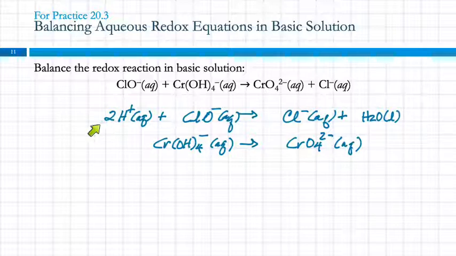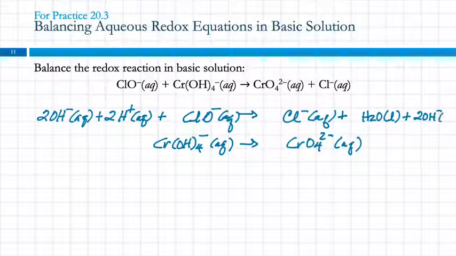So to get rid of these hydrogen ions, I'm going to add 2 hydroxide ions, for in a basic solution. If I just add the hydroxide ions over there, now I've screwed up the mass balance. So I have to add it to both sides. So I add the 2 hydroxide ions to both sides. It's mass balanced.